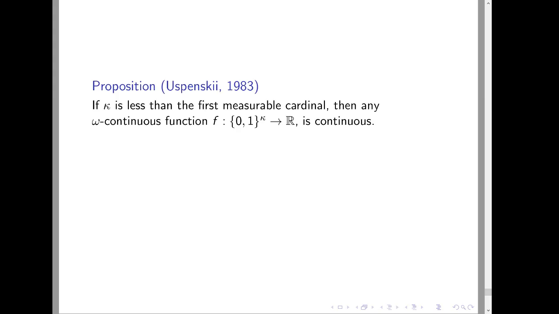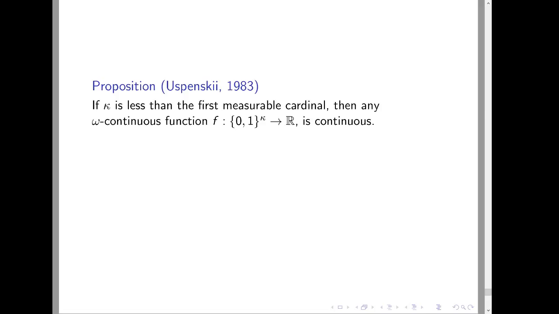What about measurable kernels? There is another theorem involving measurable kernels. Instead of lemma 1, I can use the following proposition proved by Uspensky, who was able to evaluate the functional tightness of the Cantor cubes.